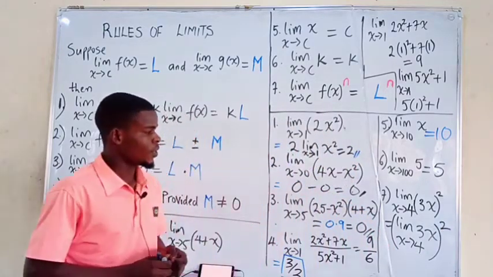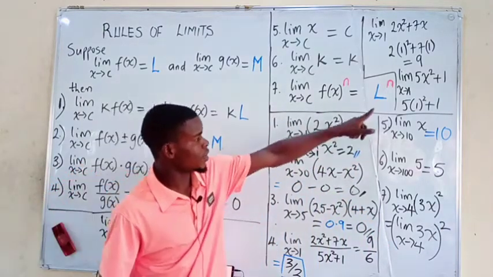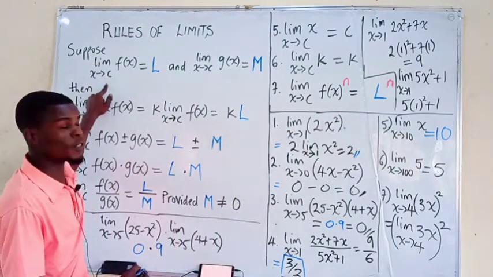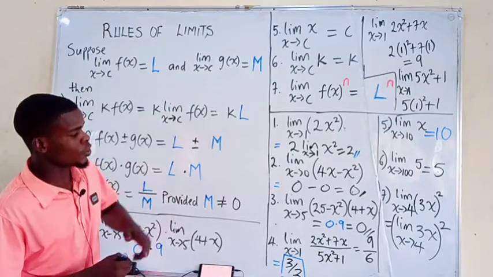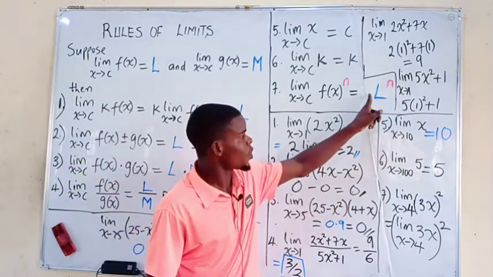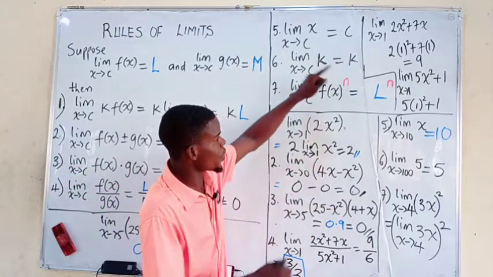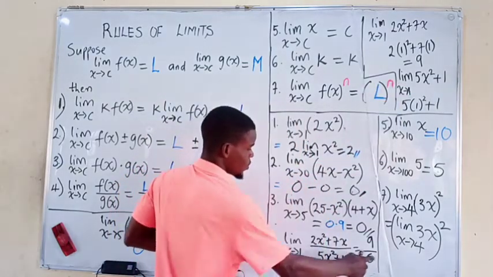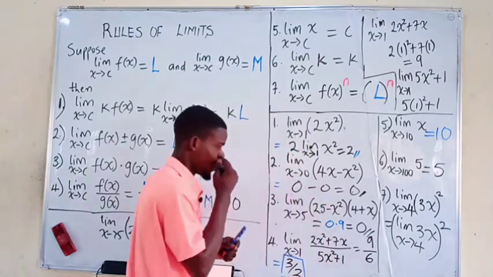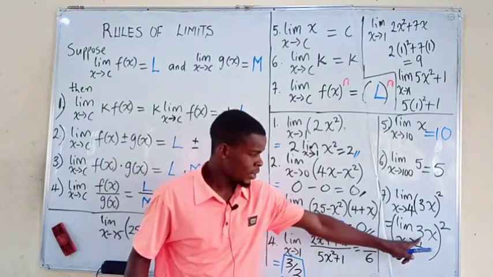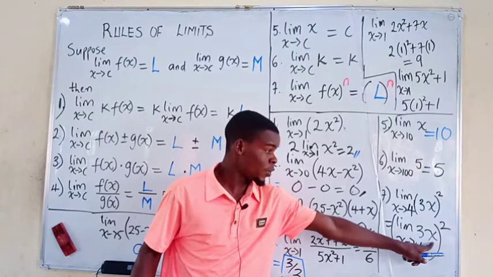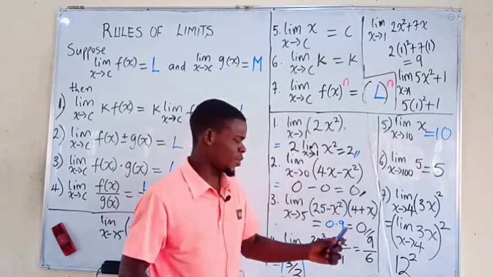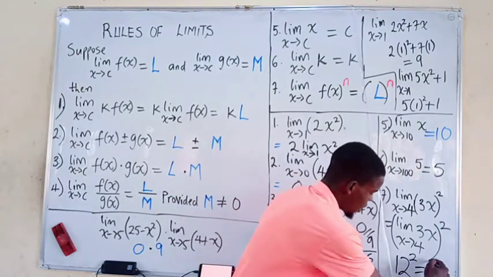You notice that this L, as we discussed earlier, is the limit of f of x as x tends to c, all raised to power n. So as x tends to 4, 3 times 4 will be 12, and then you raise that to power 2. Just by substitution, that gives you the limit of that function.